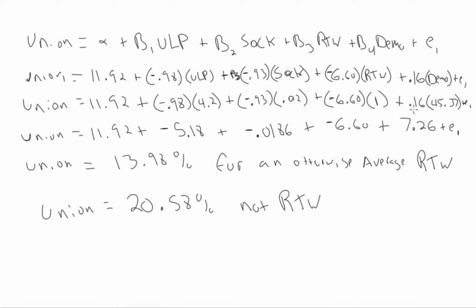This is going to multiply by this, you're going to get a smaller number here, and then an even smaller number over here. But this is how the linear regression equation for the Hogler article works in predicting and determining the effect of right to work on union membership. Thank you.